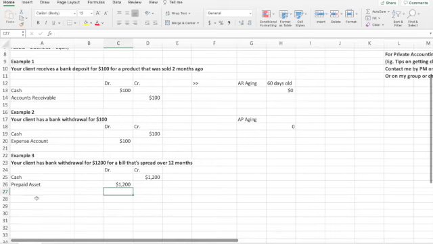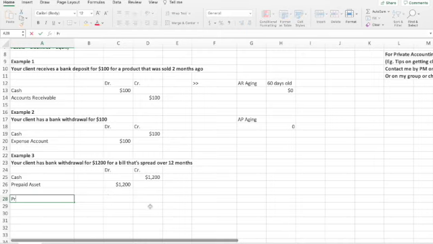Now, we'll say that this is month 1, the first month. So basically, there's going to have to be a prepaid entry. We'll say month 1. That is going to reduce that prepaid asset by $100 because it's spread out over 12 months. So it's $1,200 divided by 12. So it's $100 every month. And you're going to have the expense account.